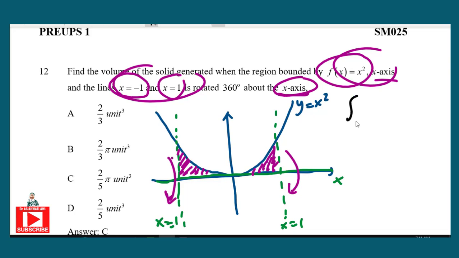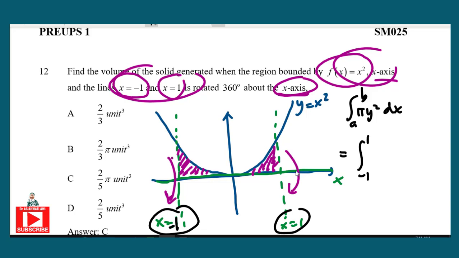The formula is pi times the integral of y squared dx from a to b. For this question, it is from -1 to 1, and the curve is y equals x squared.